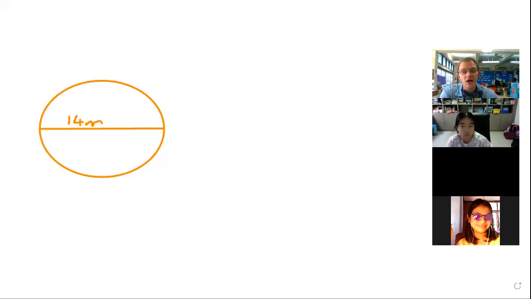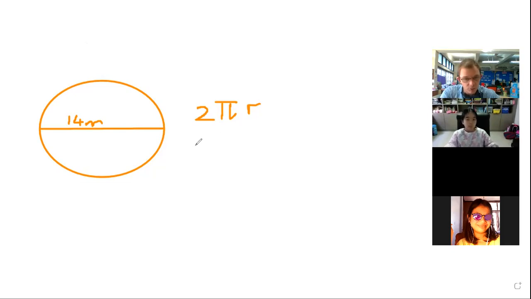So what is our formula for the perimeter? You tell me the formula of the perimeter equals? Two pi r. 2 pi r. Do you agree?